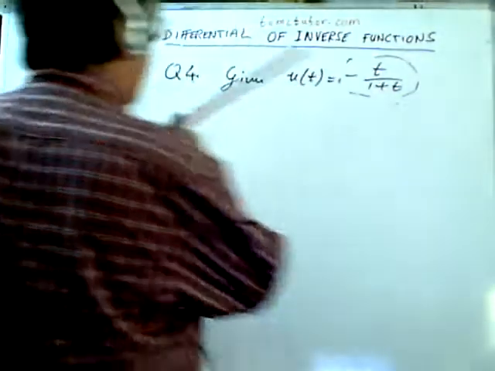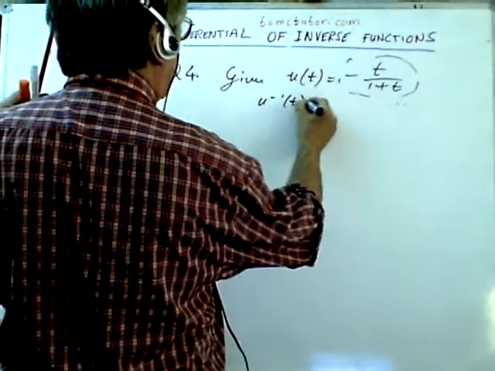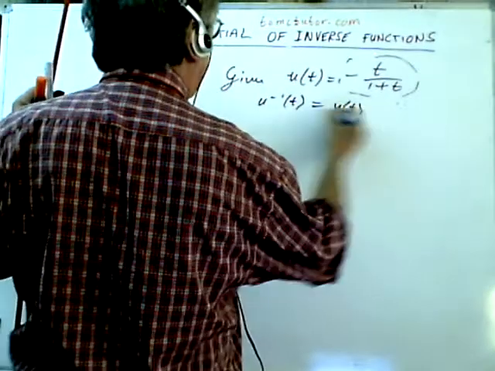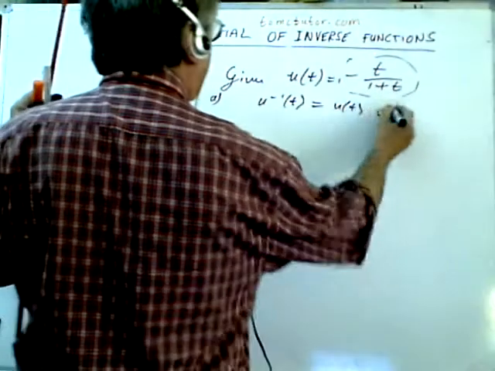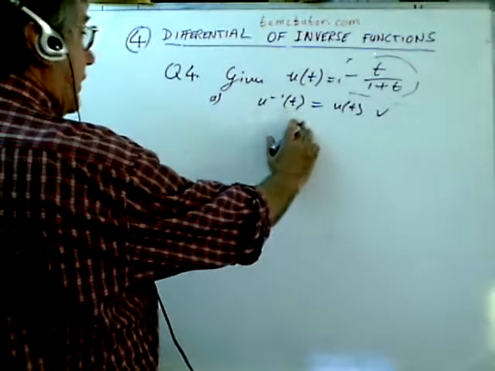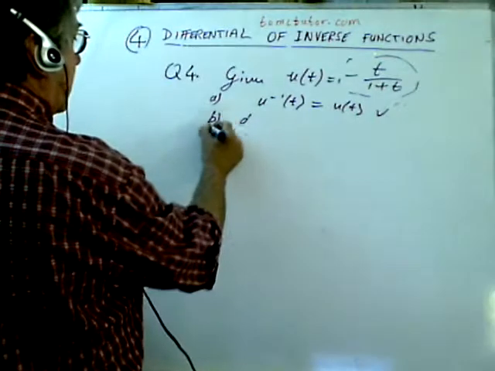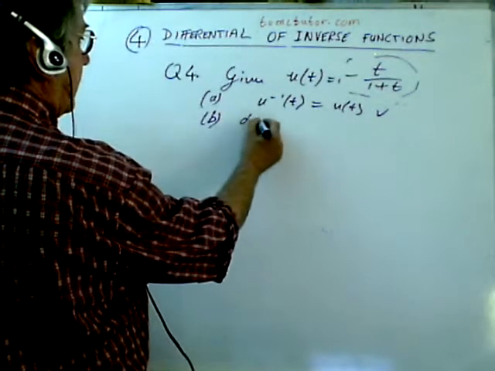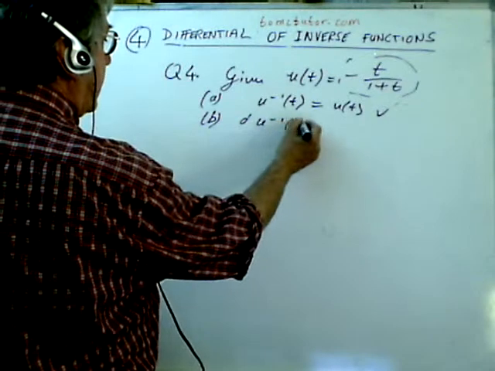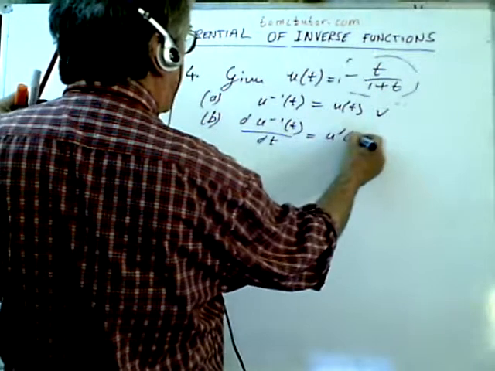So, just to emphasise, we know that u minus 1 of t is equal to u of t by part A. Okay, so we're happy with that. But then we have to find the derivative of this function. Because of this relationship, part B of the question, we have that d u minus 1 of t by dt is simply u dash t.